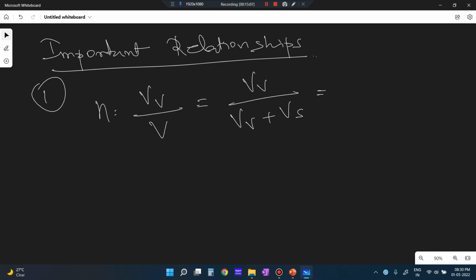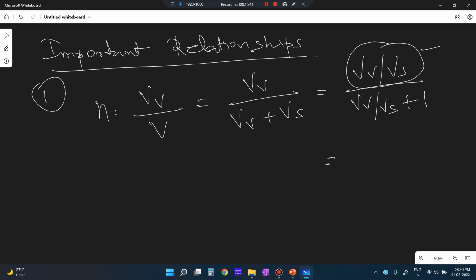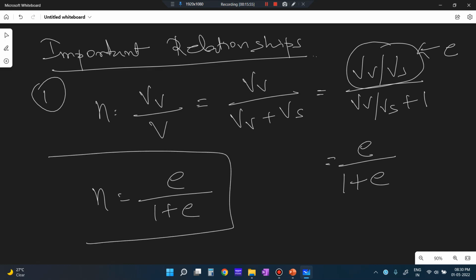Now, if we divide both the numerator and denominator by Vs, or the volume of soil solids, like this, okay. So this Vv by Vs, what is this? This is e, void ratio. So porosity is equal to void ratio by 1 plus void ratio. This is a very important relationship.